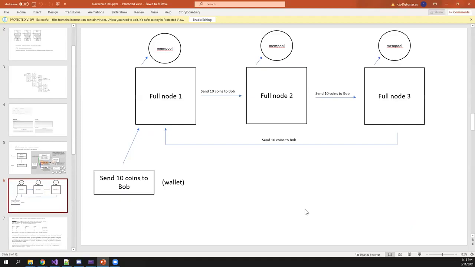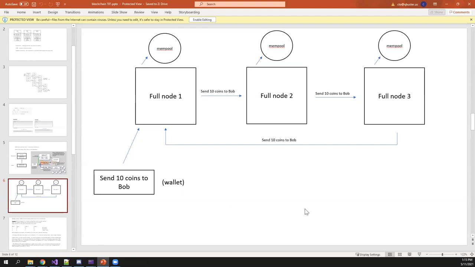I hook up to a full node and say, send 10 coins to Bob. The full node makes a note of it in its mempool. The mempool is all the pending transactions that have not yet been mined. These are unconfirmed transactions waiting to be processed. It's getting in a line.